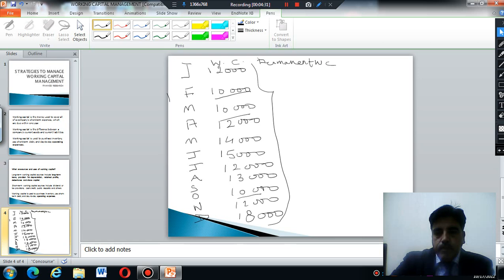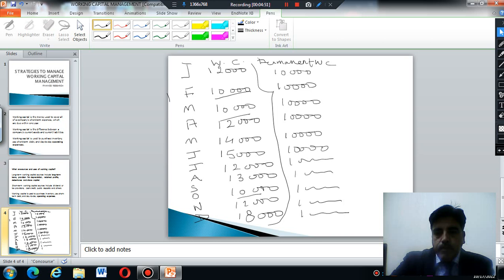That is not going to change, but at least 10,000 rupees will be required by the business in each month, no matter whatever the situation is. So that permanent requirement is there.